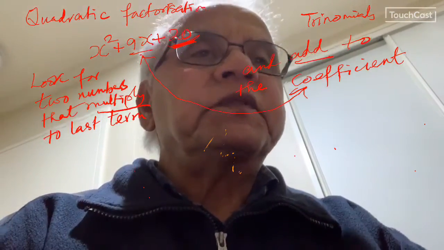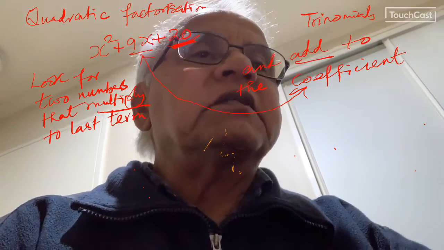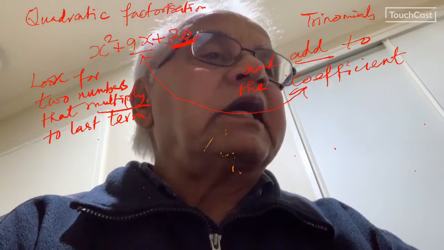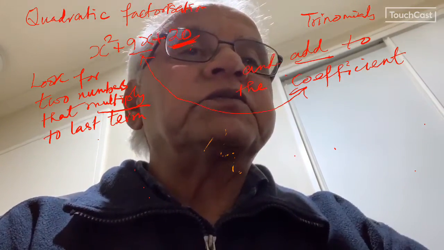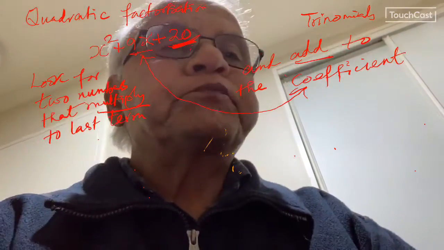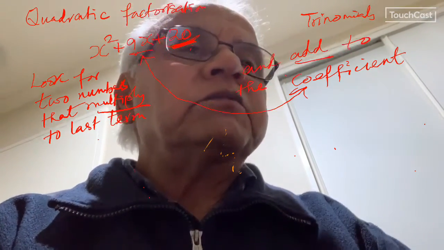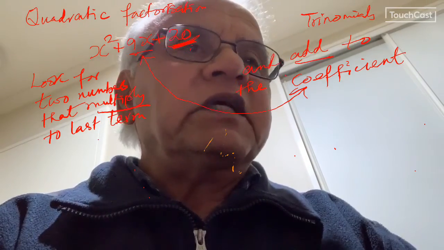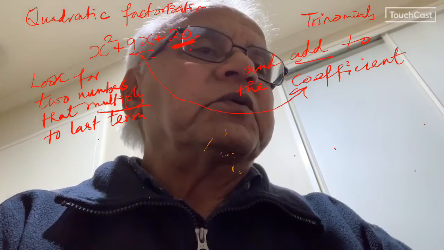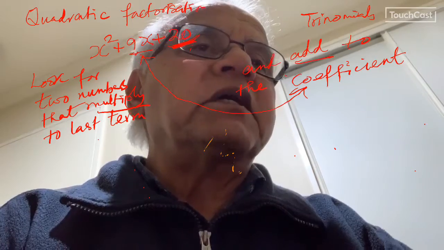Now, let me quickly review. Look for two numbers that multiply to 20, which is the last term, and add to the coefficient, which should add to 9, right? Okay, so for a beginner, we have to go for trial and error with all the pairs of factors.